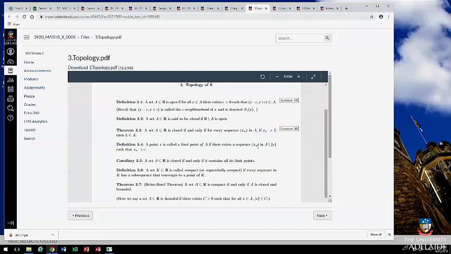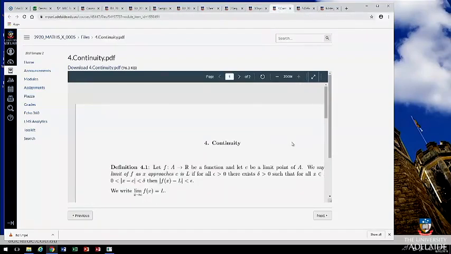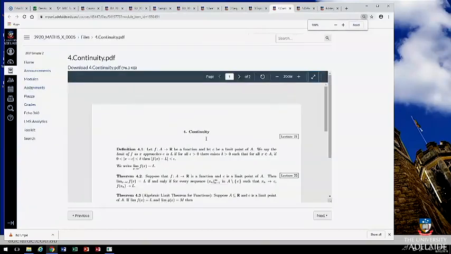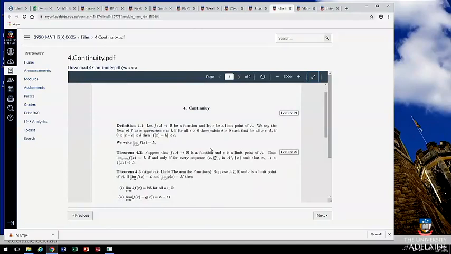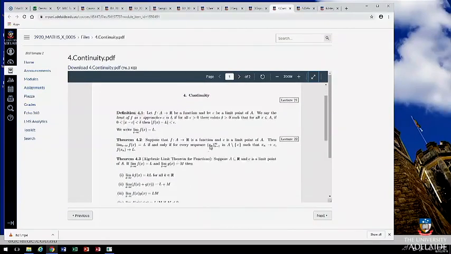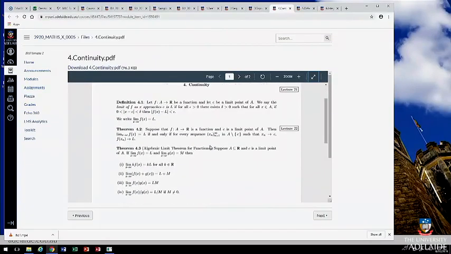Oh, okay, so we sort of have limits for sequences, and then we use that to define a limit for functions. That's interesting. We use that because we can talk about it.